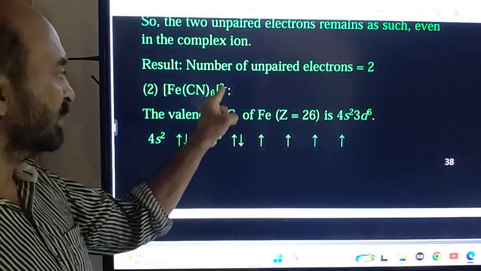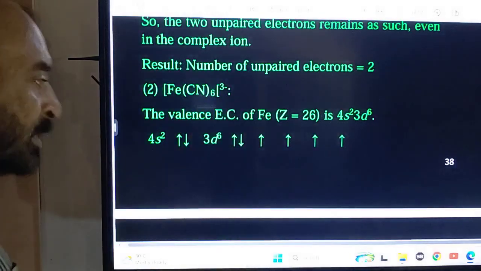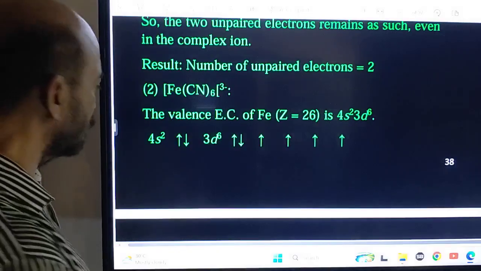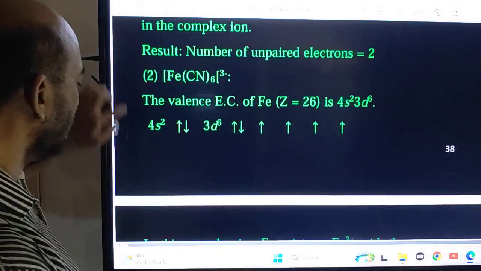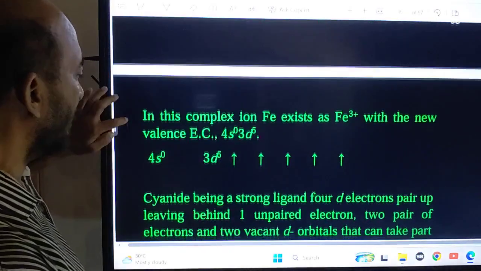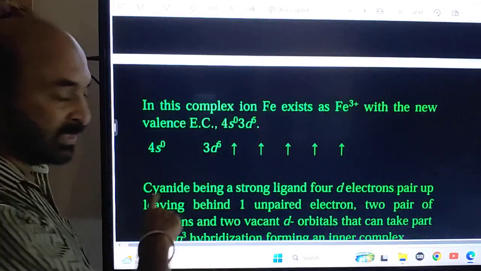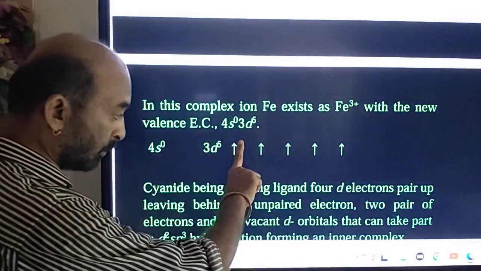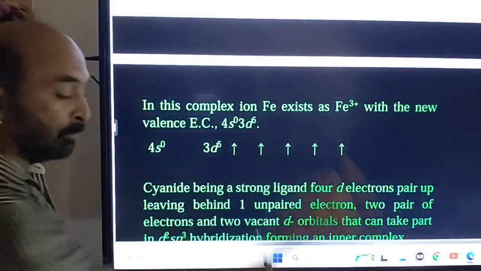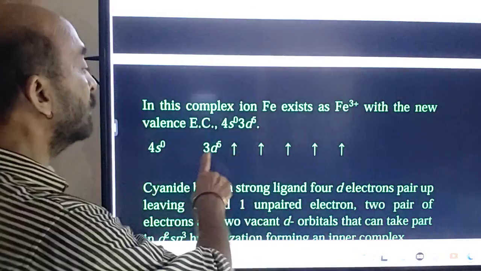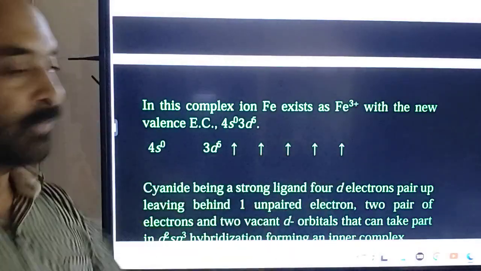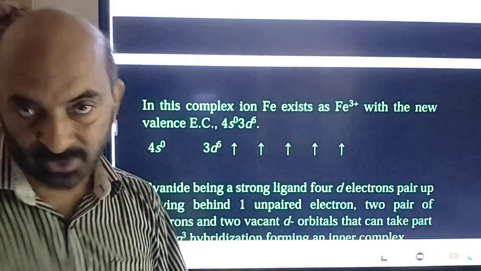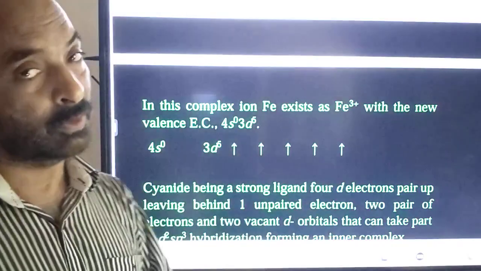Then only the 3 minus charge will remain. Agreed. So 3 electrons must go. The pair of s electrons and one more electron from the d pair will be removed, so that 4s0 3d5 will be the Fe3+ configuration with 5 unpaired electrons.